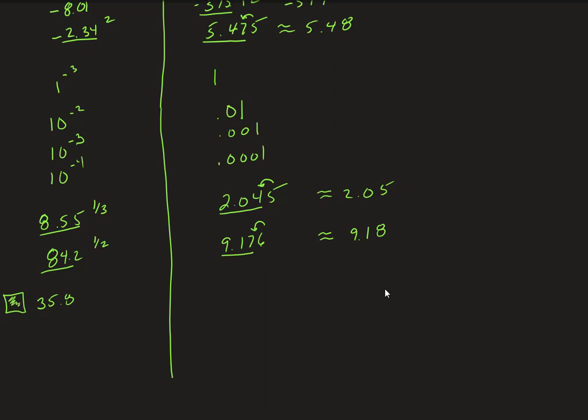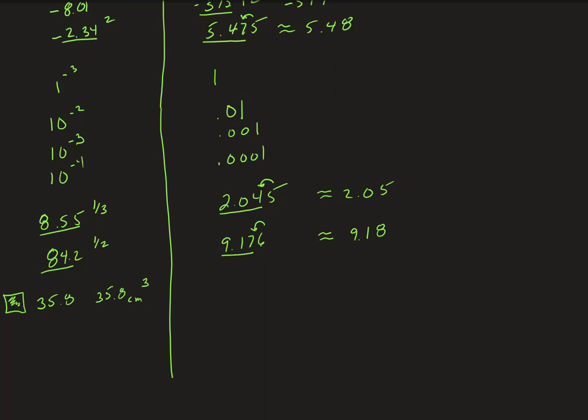The volume of a cube is going to be the length times the width times the height. It's going to be 35.8 centimeters cubed, right?